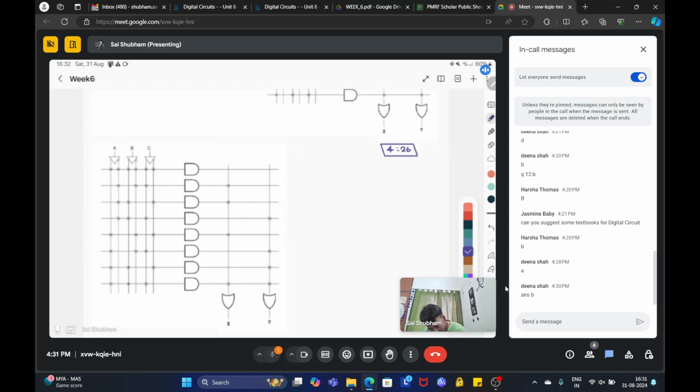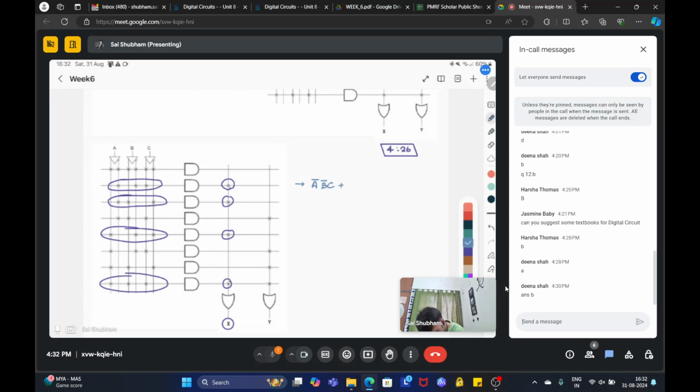So in the question it asks for x, right? In x there are these intersection points. So if you look at them, the first one is a bar, b bar, c.